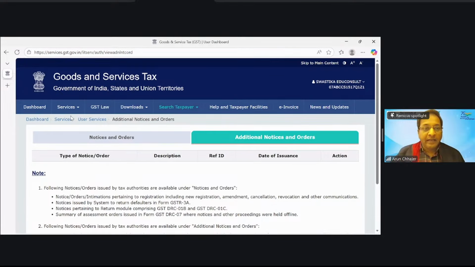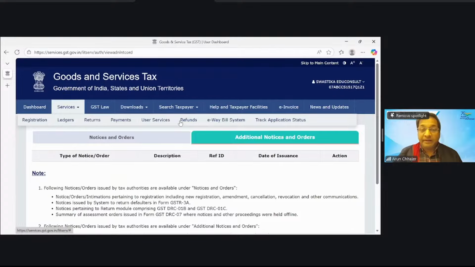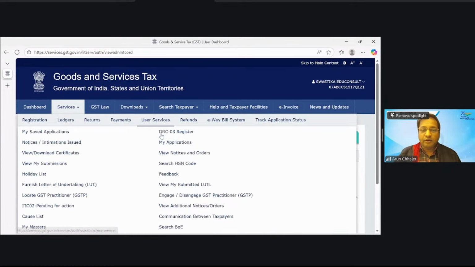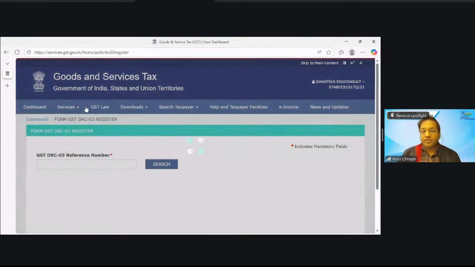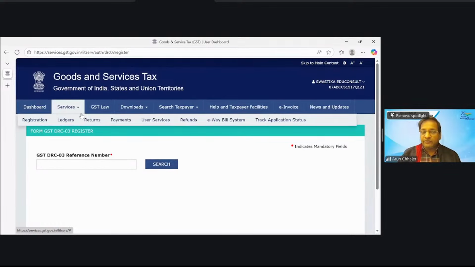And then if you would like to make a payment like DRC-03, you can go to User Services and go to DRC-03. Here you can search for the DRC-03 you already made.